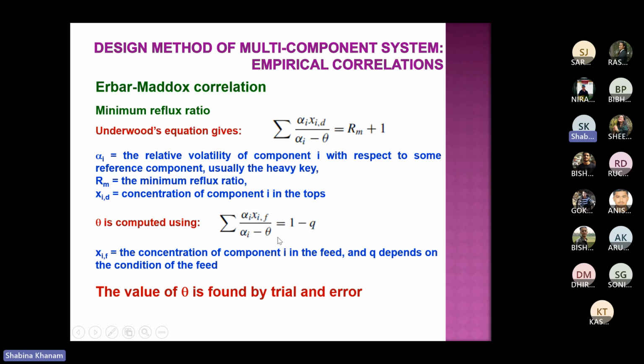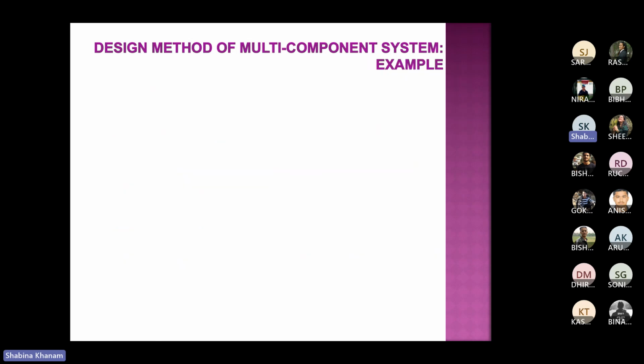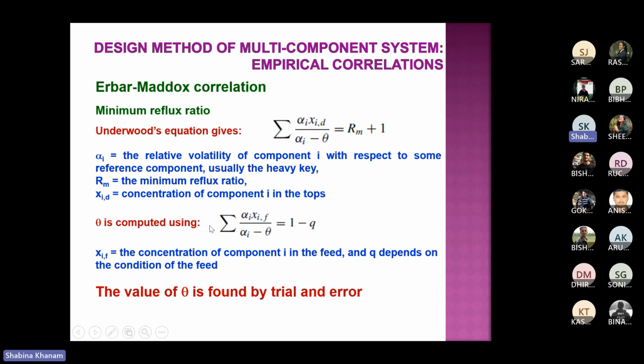Once you identify theta between the relative volatility of light key and heavy key, you can use this equation to find out Rm. Okay, and once you have Rm and Nm, you can use the graph. So the only problem over here is this equation and this equation. Otherwise, the method is very simple. Okay.